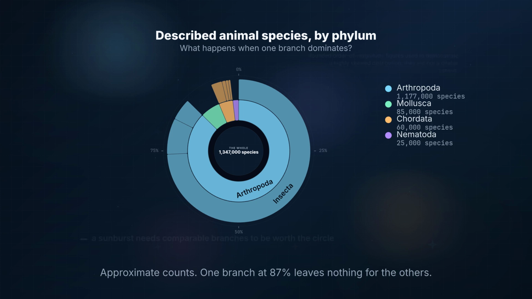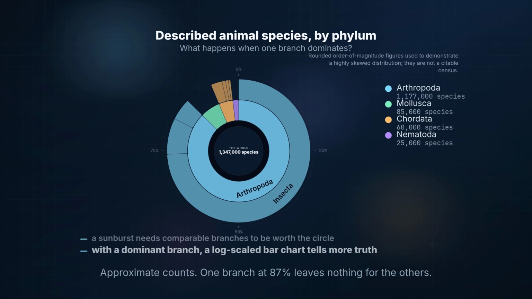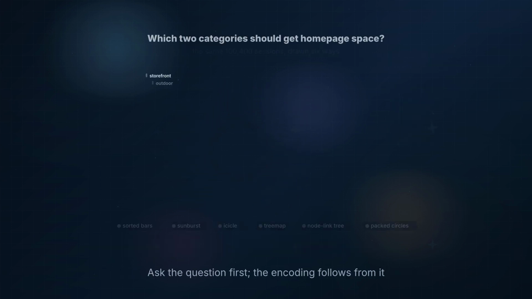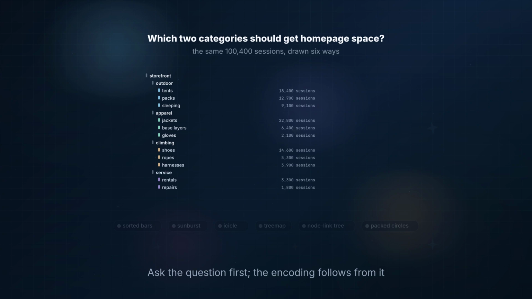The result is a circle that is one wedge, with every other phylum crushed into a margin no label can fit. The data is right, and the picture is still useless, so a bar chart on a logarithmic scale respects the reader more. Here is the exercise worth doing before you commit.